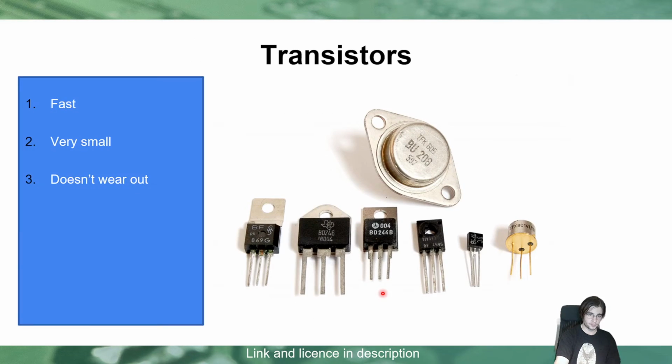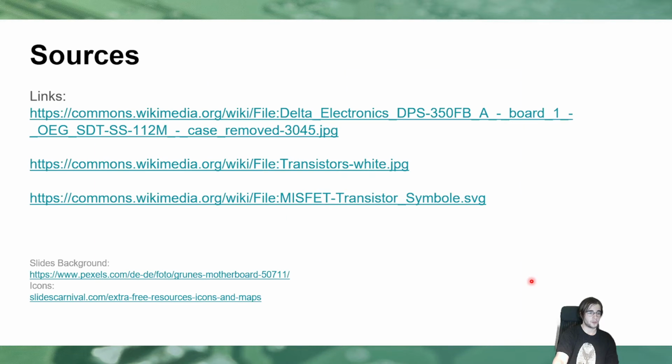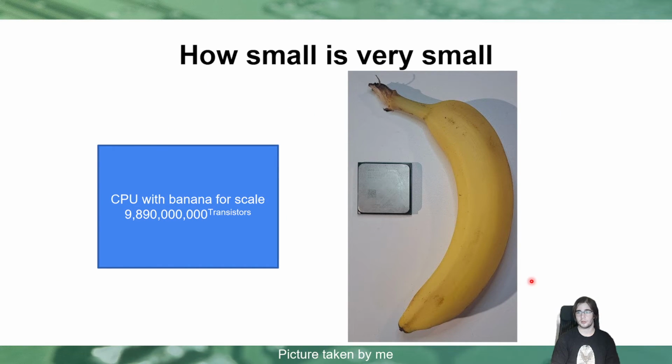And now, I told you they are very small and showed you these ones, but they are not that small. I mean, yes, they are small, but I didn't put that in perspective yet. So that's what I'm now going to do. Oops, I accidentally jumped over a slide. Here we have a CPU with a banana for scale, and a modern CPU of about this size has almost 10 billion transistors on it.